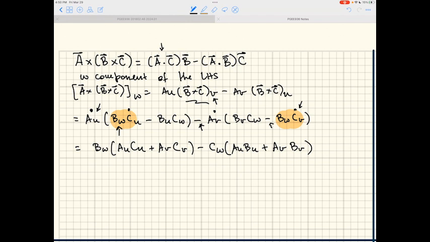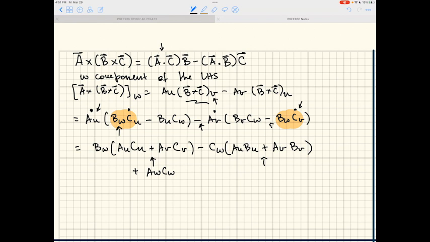So what is missing here to complete the dot product of A and C, as well as what is missing here to complete the dot product of A and B, is the term AW BW. The missing term is AW CW.